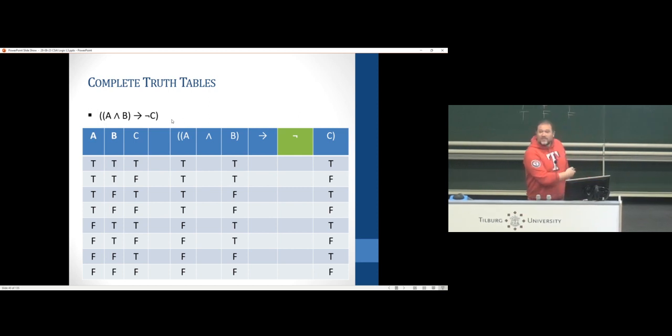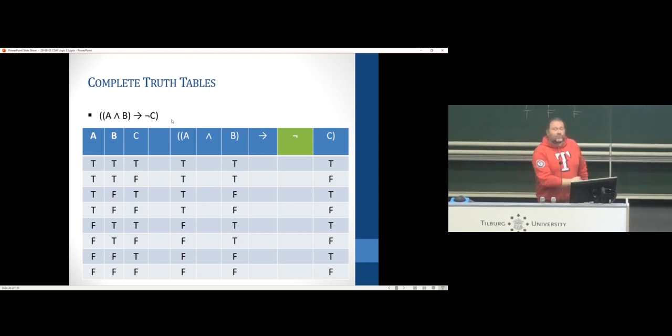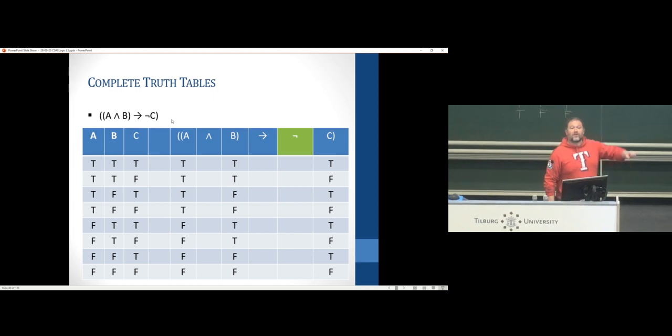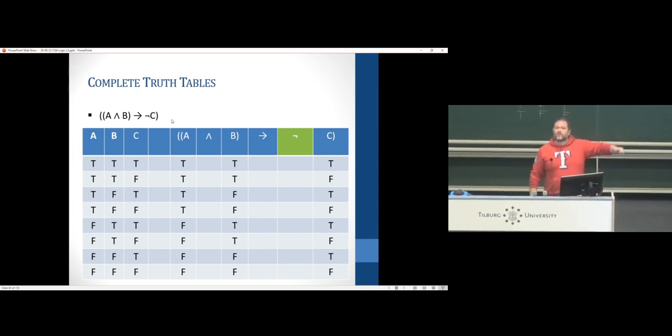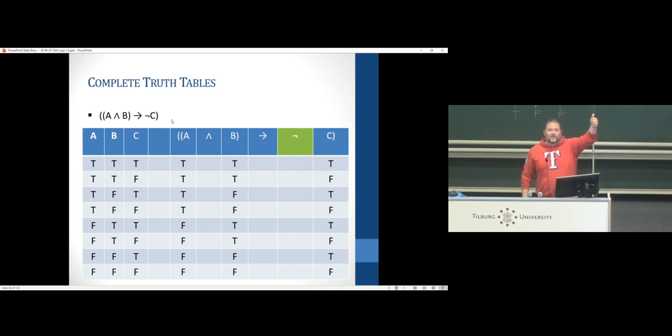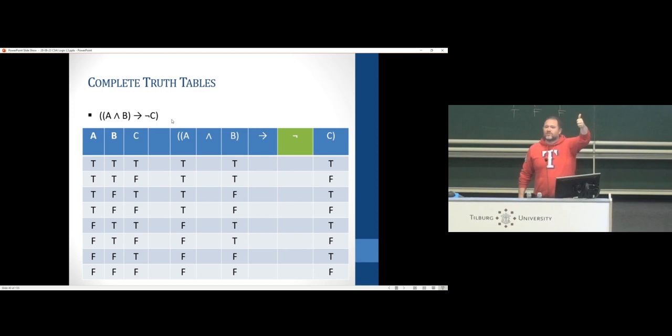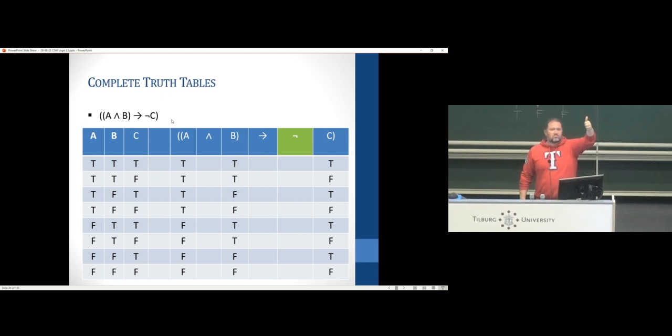It's looking at C, right? So to fill this column in, all we have to do is look at the truth values under C. And then our negation just plays as a flipper. If there's a T coming in, it outputs an F. If there's an F coming in, it outputs a T. Make sense so far?